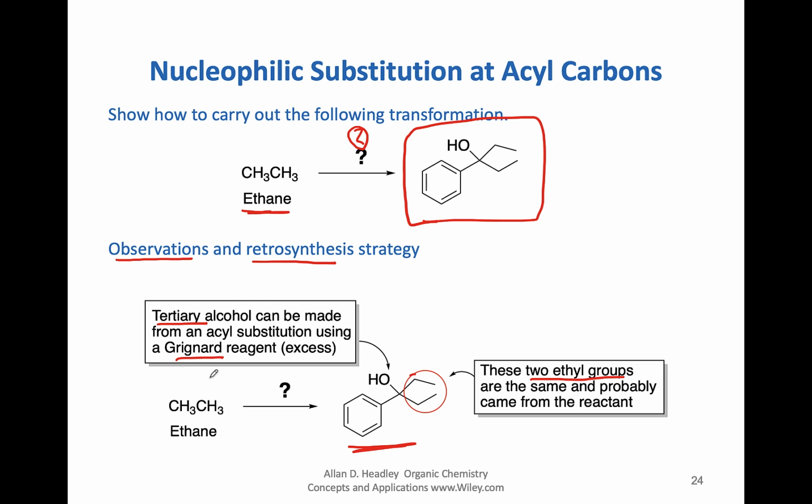So again, I want you guys to really appreciate the connection between what was done before and the application here. Now we're asking you, can you recognize that these two groups are the same, and here's a tertiary alcohol, and we can do a very similar reaction as we have done before to make this compound.